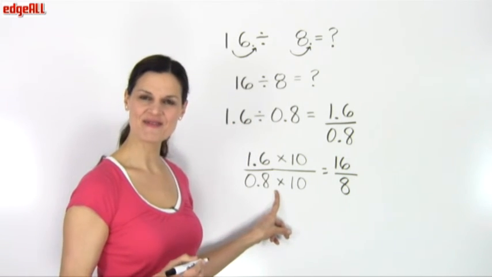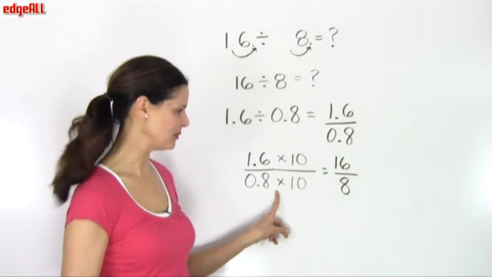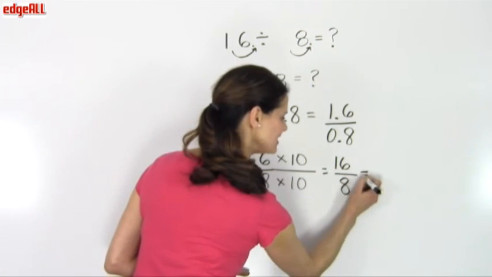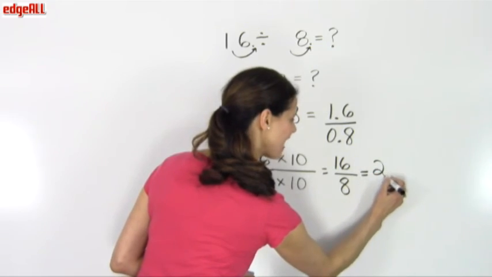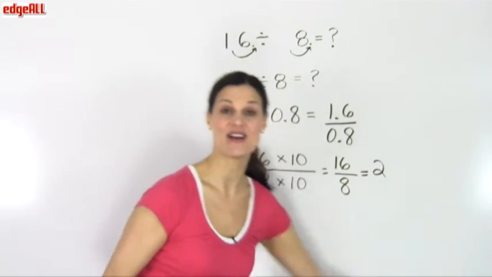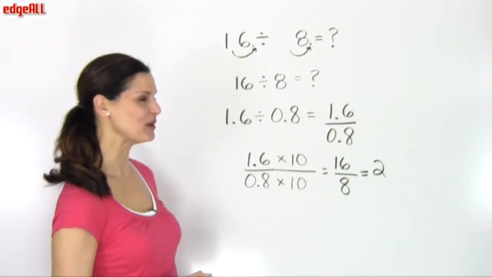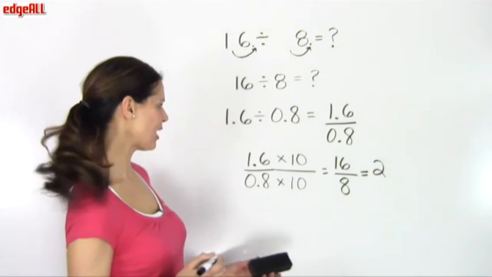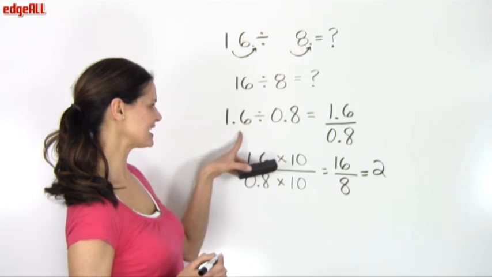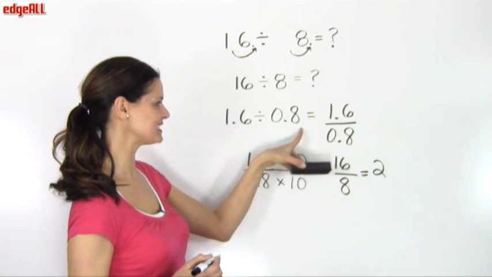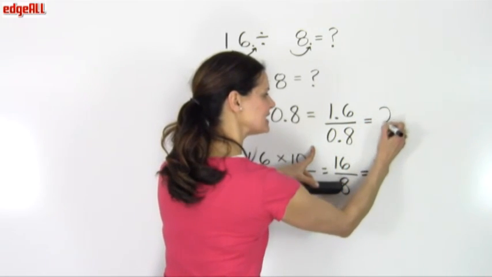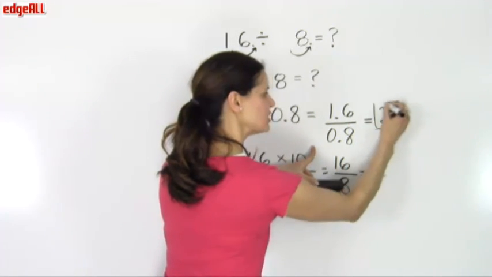And so now I have a very simple division problem: 16 divided by 8. We all know, because we know our math facts, that 16 divided by 8 equals 2. And so I have found the answer to my original problem: 1.6 divided by 0.8 equals 2.